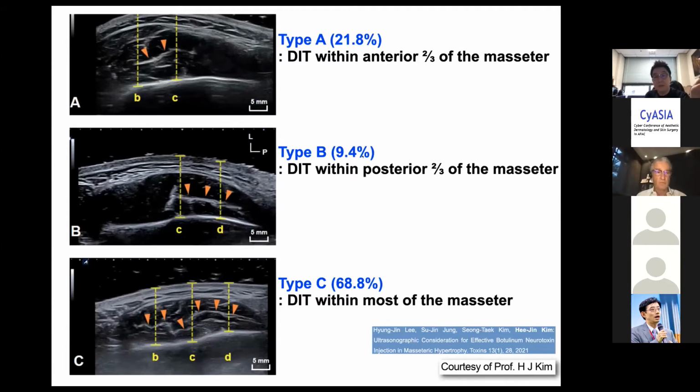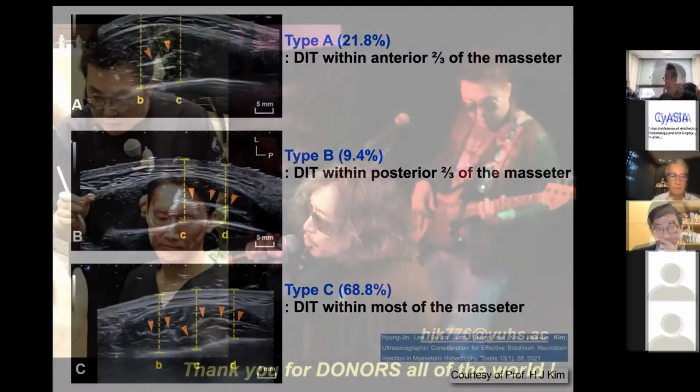Type B is 9% of cases: DIT within the posterior 2/3 of the masseter. In the others, about 70% of cases, DIT appears in the whole width of the masseter. It means in most of the volunteers, you can identify the DIT.